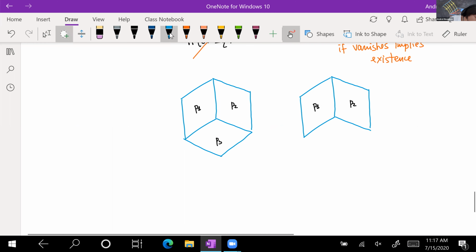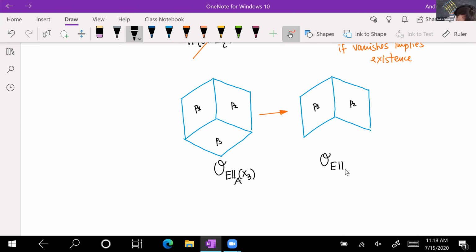Then there is a restriction of functions. So we have O of elliptic homology of X3 mapping to O of elliptic homology of X4, and this map is restriction of functions.